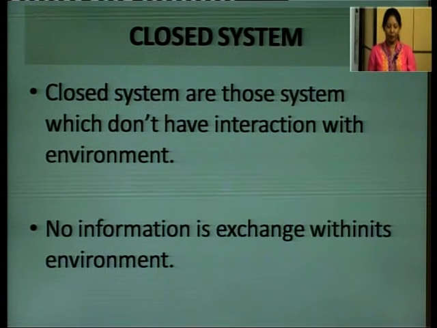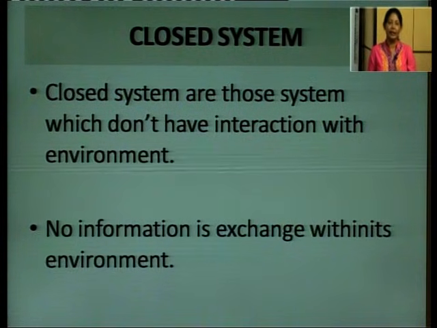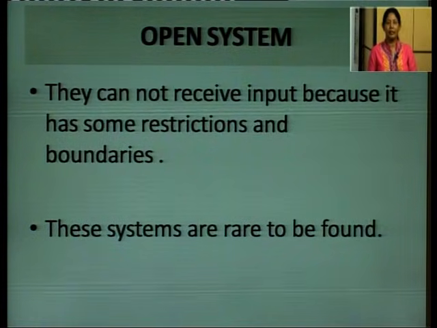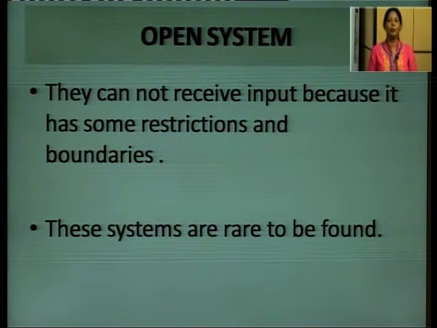These types of closed systems are rare to be found in reality. They cannot receive input because they have some restrictions and boundaries.